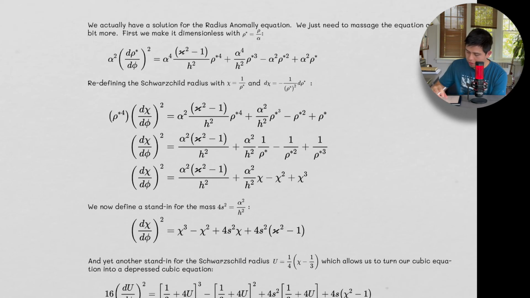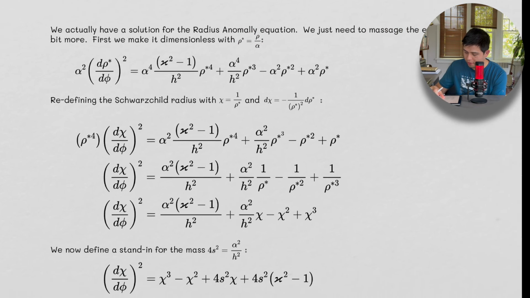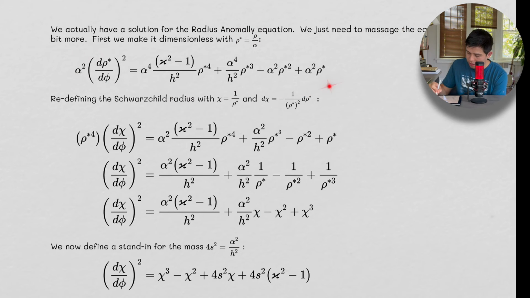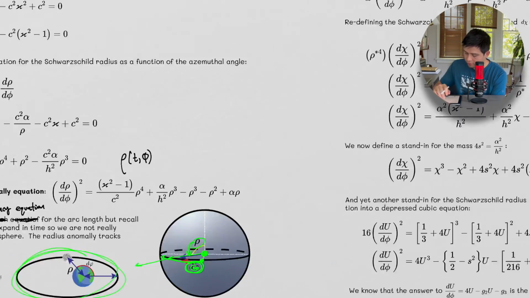And so to make this dimensionless, we define it in this way, and when we do that, we get this here. So we change this guy, and we have to multiply it by alpha to have this be rho. So this is what we get when we replace this guy into here.